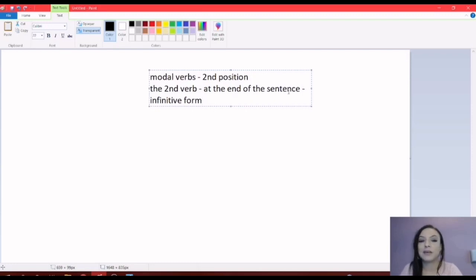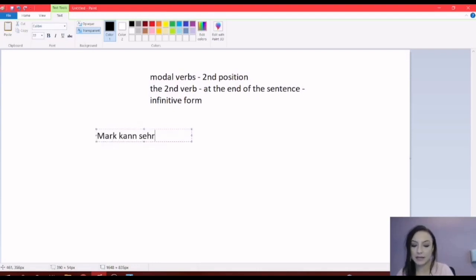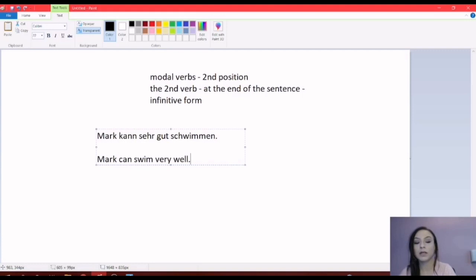Let's see how that can be used in a whole sentence. For example, Mark kann sehr gut schwimmen. Mark can swim very well. Mark is the third person singular, and können for the third person singular is kann.